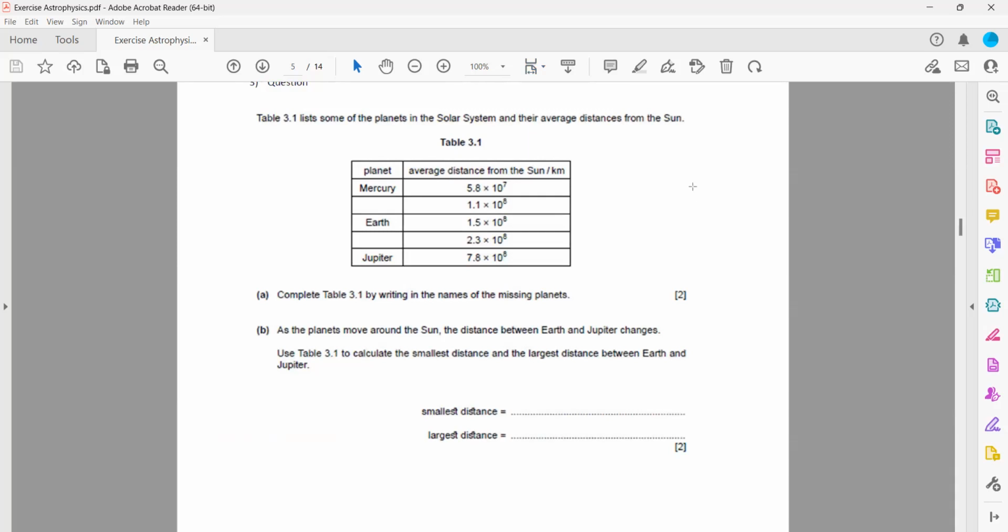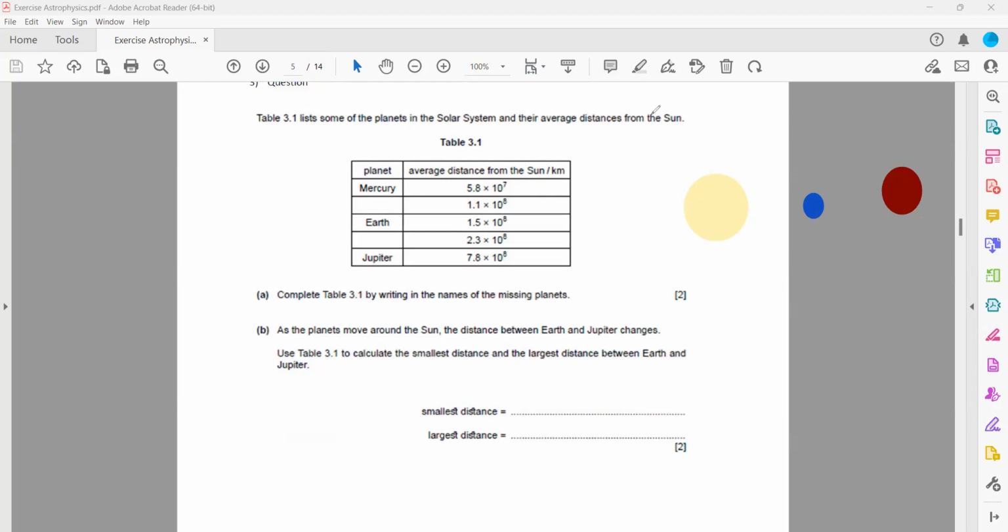So this is representing our sun. And this is representing our Earth. And this is representing Jupiter. So when they are on the same side, the distance between the planets will be minimum.